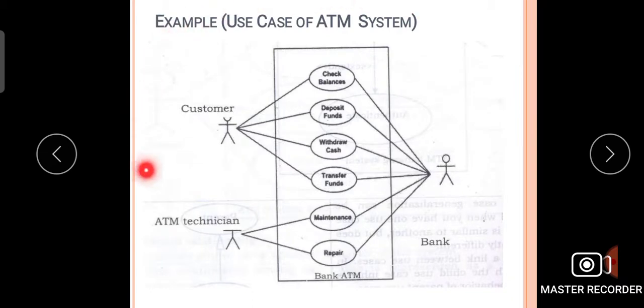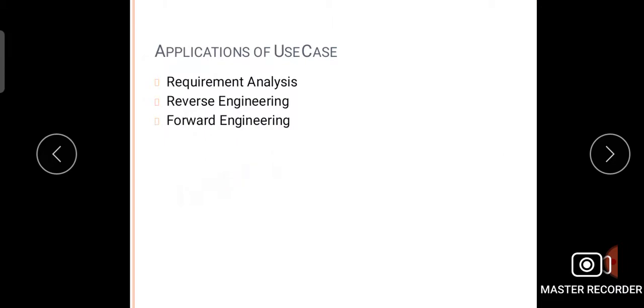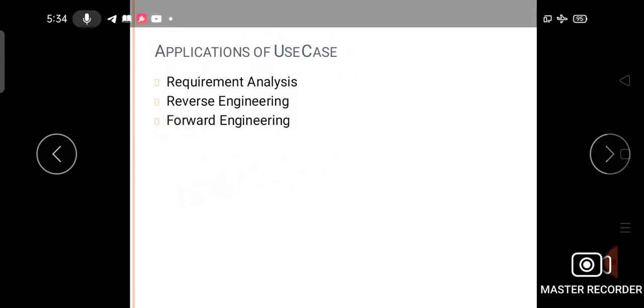And this is a proper example of a use case: the customer is our person, the ATM technician is our machine, and the bank is our external system, which we can also call a user. Okay, so this one is a proper example of an ATM bank system use case diagram. These are the applications of use cases: requirement analysis, reverse engineering and forward engineering.